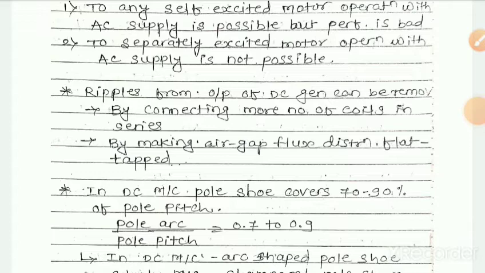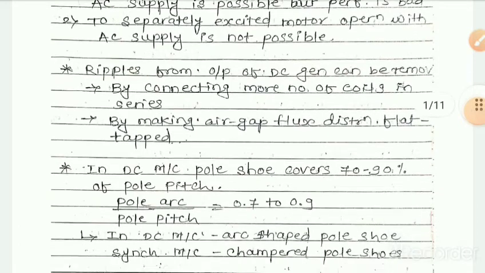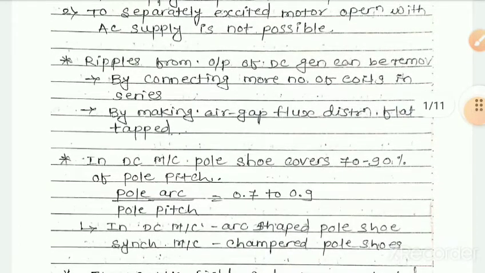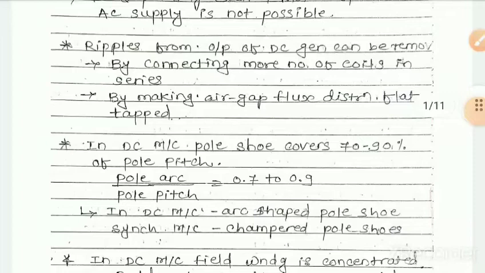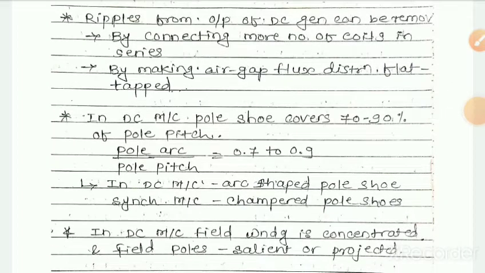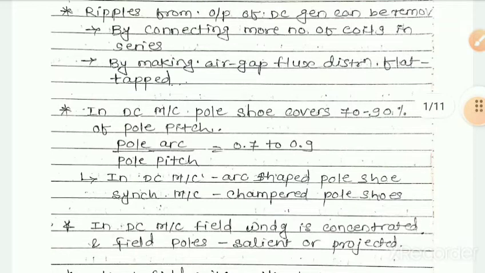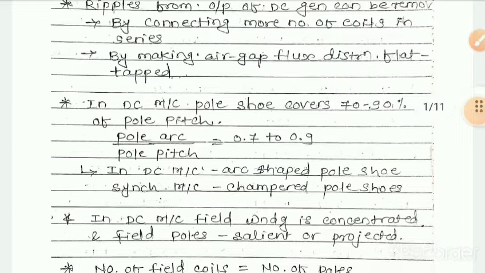In a DC generator, the ripples in the output can be removed by connecting a larger number of coils in series and by making the air gap flux distribution flat topped. We can achieve a flat-topped air gap flux distribution by using arc shaped pole shoes.